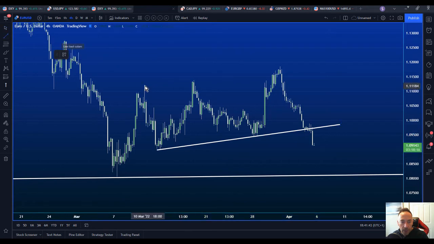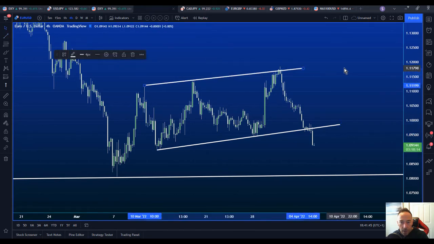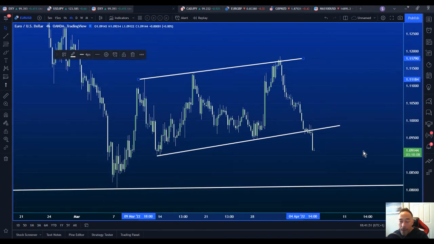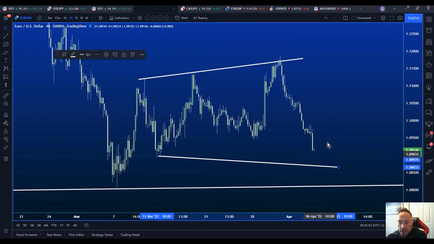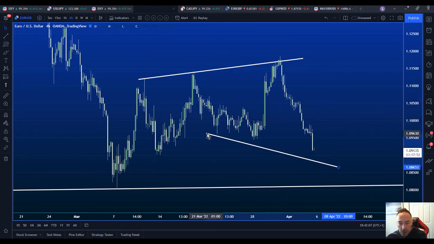On this 4-hour chart, we've got a resistance here, false break, and support. We were actually looking for price to start to reverse here, but it hasn't done, so we haven't bought it, obviously. But with the dollar index being where it is, we could start to see euro have a little bit of a push to the upside.